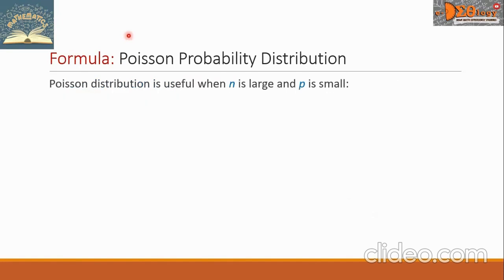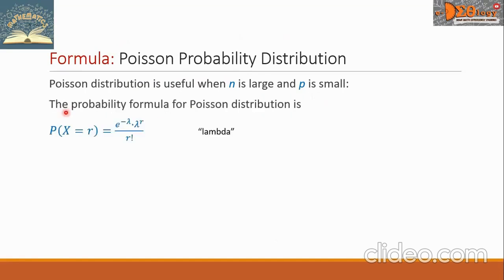For the formula of the Poisson probability distribution, we say that Poisson distribution is useful when n is large and p is small. The probability formula for Poisson distribution is here.